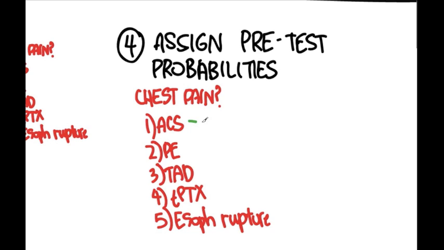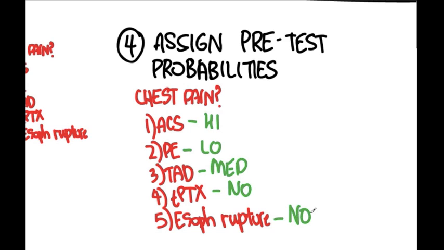Is it no, low, medium, or high? Similarly, what about PE? Maybe you rank that low. Thoracic dissection, maybe we'll call that medium. Tension pneumothorax, we'll say, no, he doesn't have that. Esophageal rupture, no, I don't think it's that. It's important to set these probabilities because the next step, which is where we're ordering tests, really is based on how likely you think these differentials are.